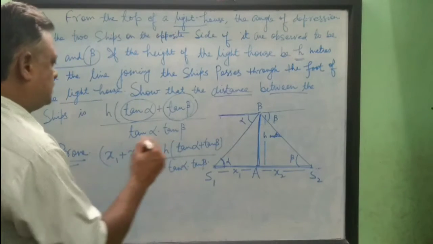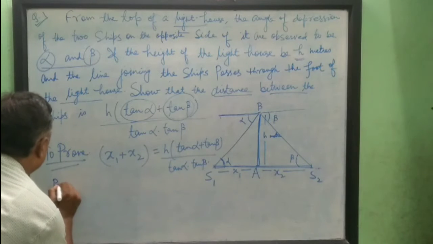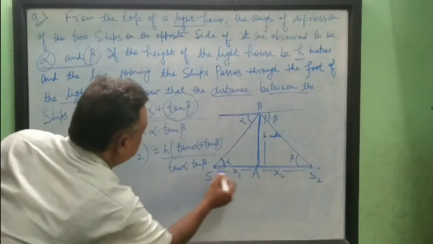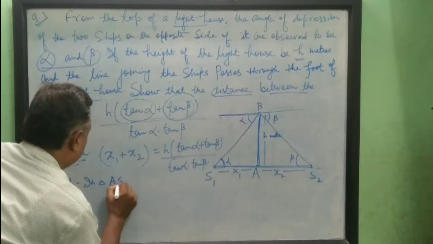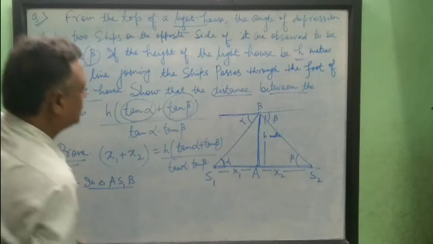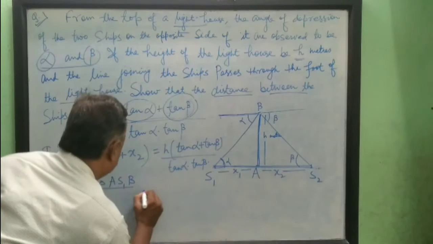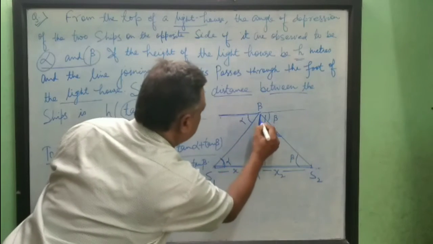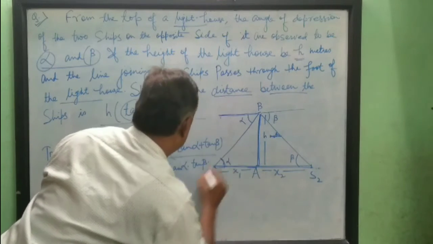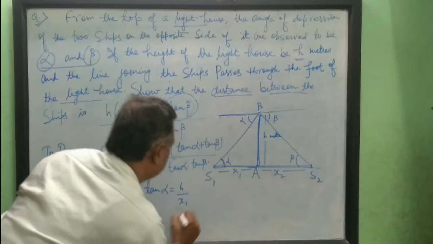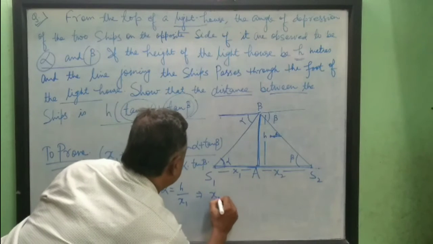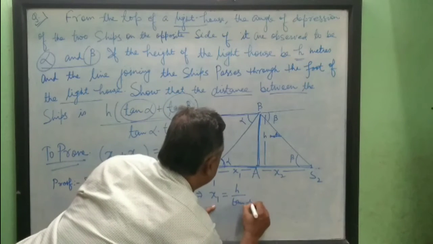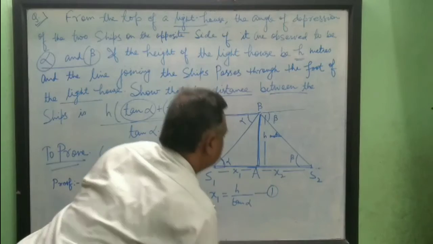So, proof: in triangle AS1B, tan alpha is equal to perpendicular by base, so h by x1. It means x1 is equal to h by tan alpha, equation 1.